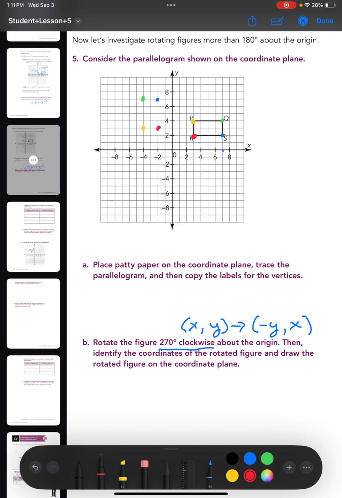So up 3, left 2, up 3, down 2. There we go. And so this one went up 3, left 4. New yellow point would be here. Our new blue point, 2, 3, 4, would be here. And our new green point there. So there would be 180 degrees.